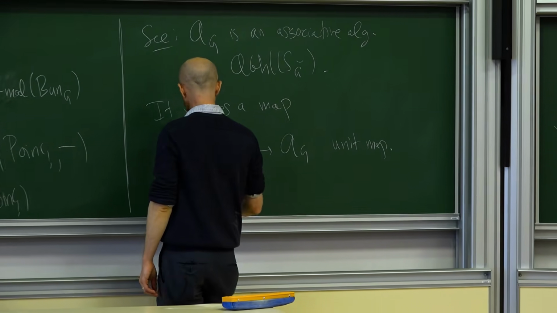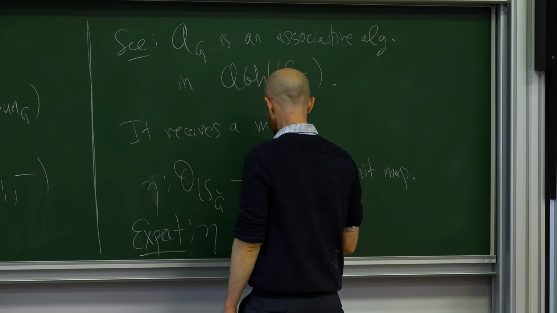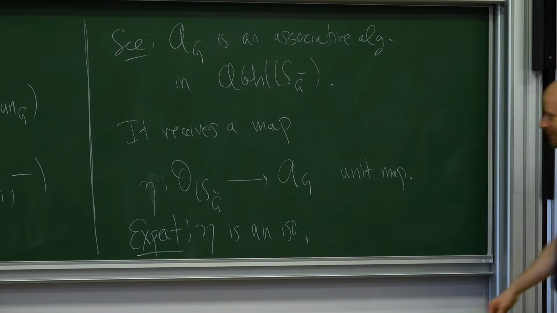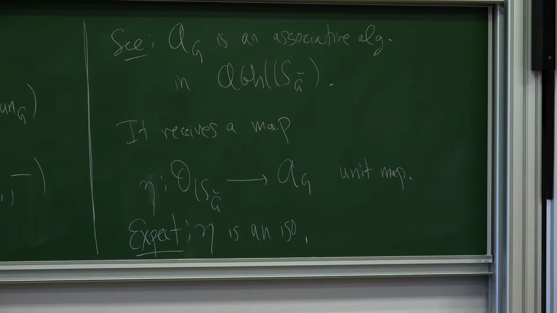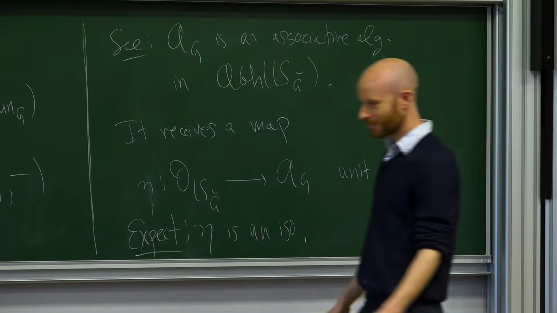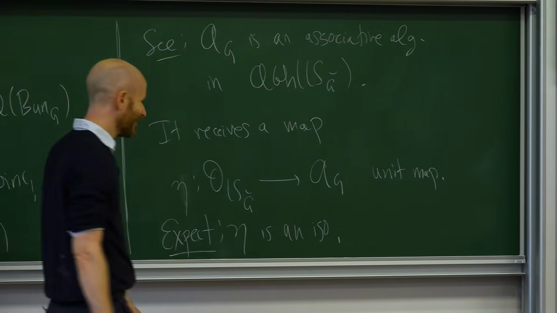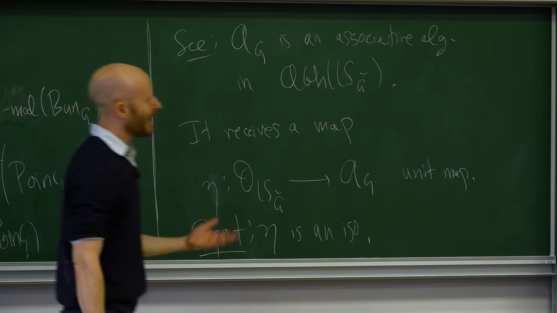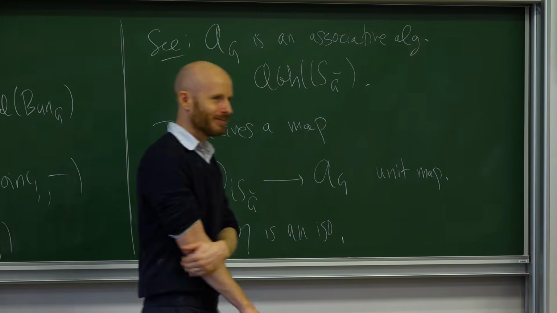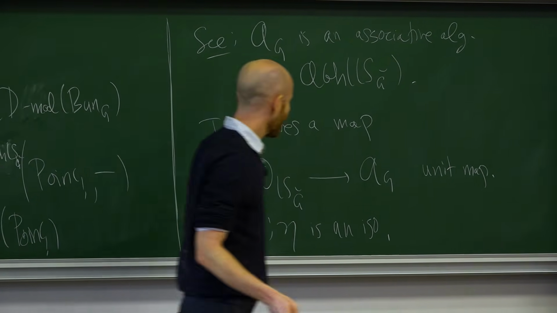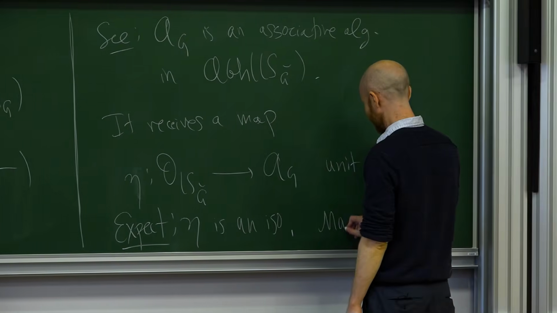Okay, expect eta is an isomorphism. Yep. So I want to say the main work is to show that eta is an isomorphism. Yeah, maybe I buried the lead. That's right. But you were saying all this is really important algebra objects. Yeah. Kind of funny not to say that it's just the structure sheaf.